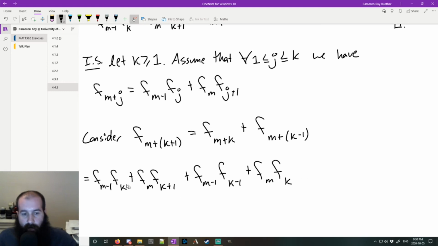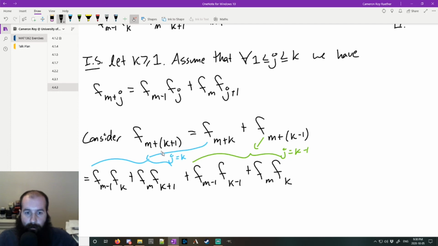So we get these 4 terms coming from 2 applications. You can think of it as j equals k, and this application of the assumption is the version at j equals k minus 1. And we have these 2 versions because of the strong induction.